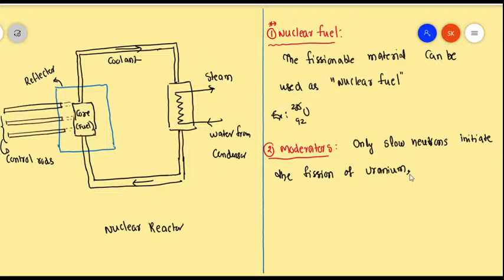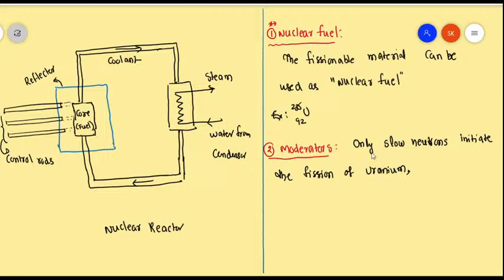If the released neutrons are fast moving neutrons, they cannot cause the fission. When the uranium undergoes fission, three neutrons are released. If they are fast neutrons, they cannot cause the fission of three more uranium atoms.